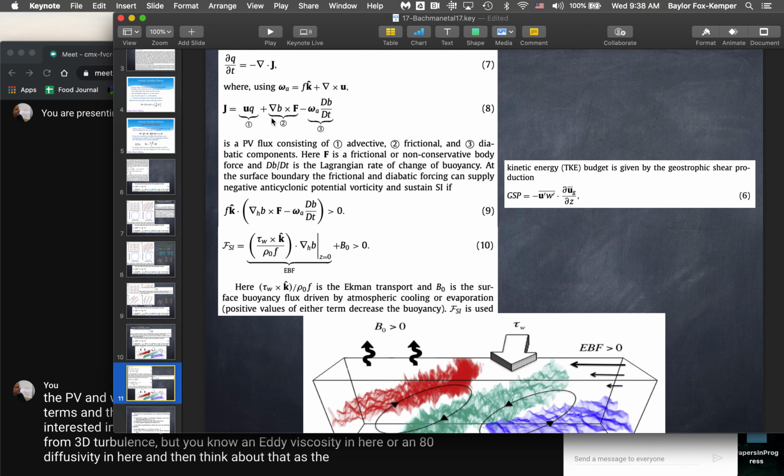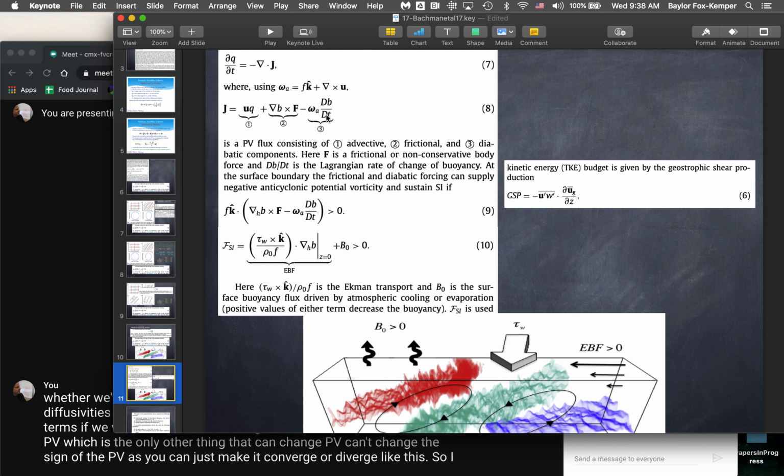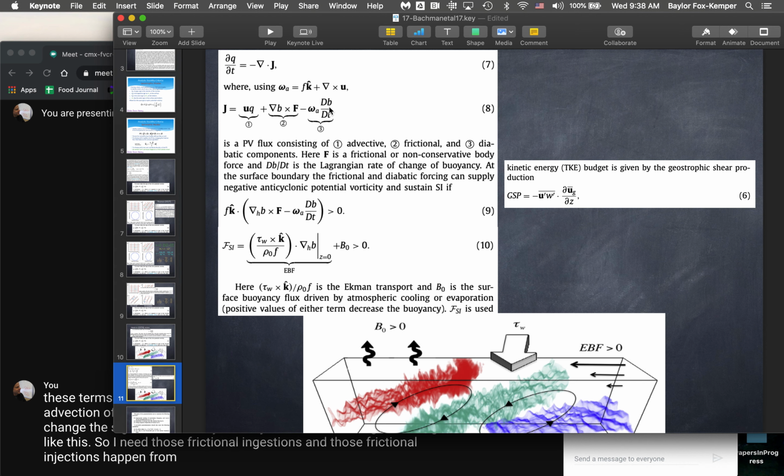It doesn't really matter here whether we're talking about the 3D turbulence eddy viscosities or eddy diffusivities or molecular viscosity, molecular diffusivity. We need these terms if we want to drive the PV negative, because the advection of PV, which is the only other thing that can change PV, can't change the sign of the PV. It can just make it converge or diverge like this. So I need those frictional injections, and those frictional injections happen from surface forcing.